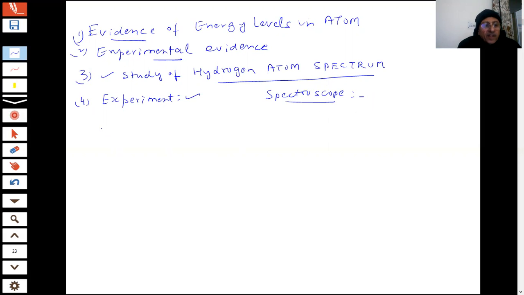There is something called a discharge tube. What is a discharge tube? Supposing this is a discharge tube, some glass tube, student. A complete apparatus you can see in the book; complete diagrams are given. So this we can say is a discharge tube.